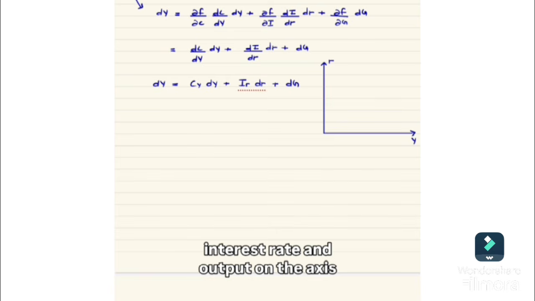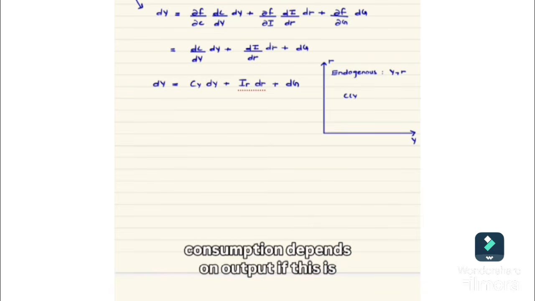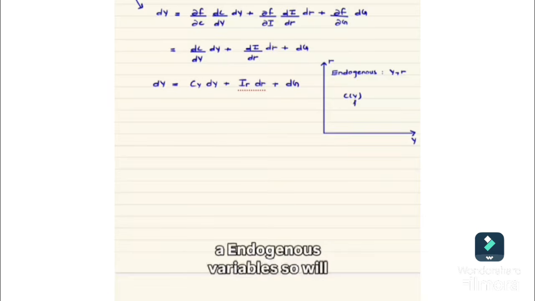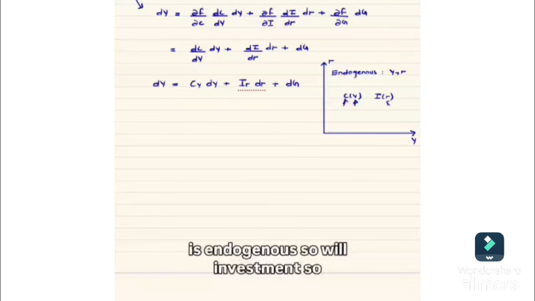So therefore, we have output and interest rate as endogenous variables. And since consumption depends on output, if this is an endogenous variable, so will consumption be. And since investment depends on interest rate, if interest rate is endogenous, so will investment.